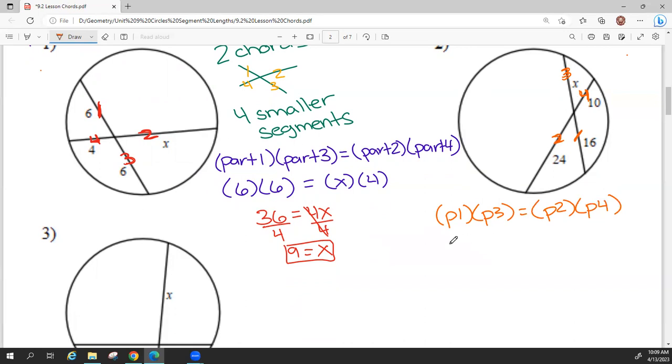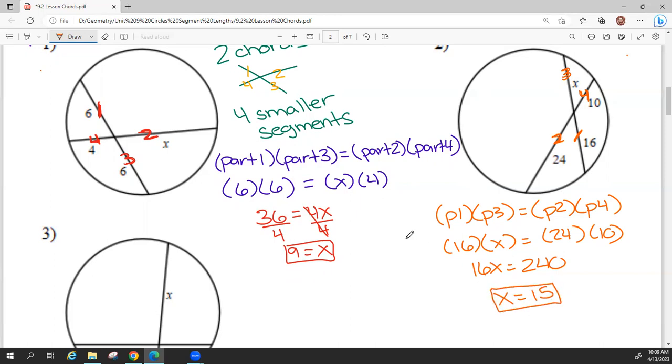Part 1 is 16, part 3 is x, part 2 is 24, part 4 is 10. So I get 16x and 240. And then the last step usually is to divide. We'll divide both sides by 16 to find x, part 3 the way I labeled it, to be 15.